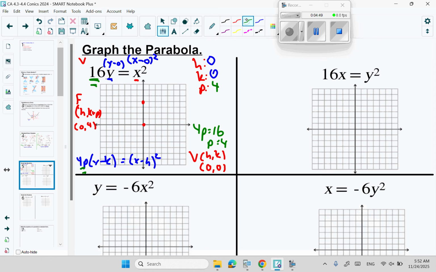And then I just have my axes. So my axis of symmetry, this is vertical, so it's going to be this vertical line of x equals h, so x equals 0. My directrix is going to be y equals k minus p, so 0 minus 4, so negative 4.